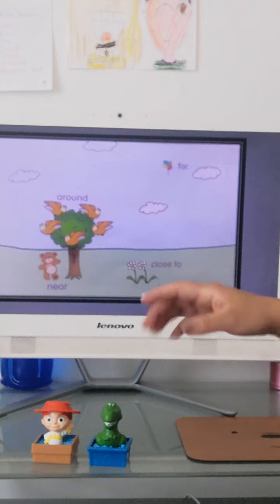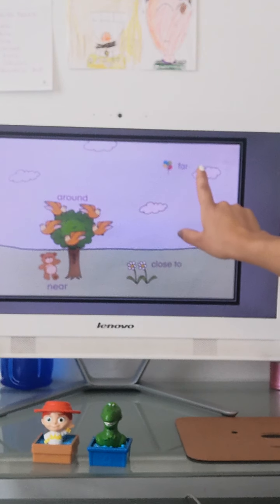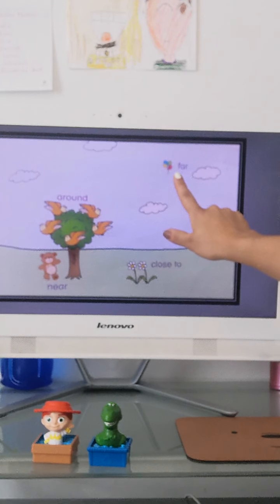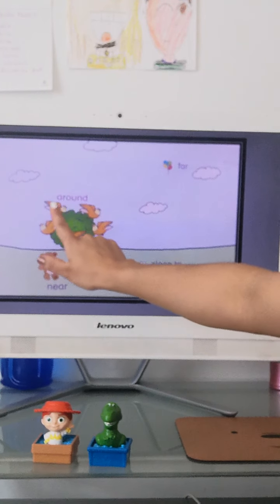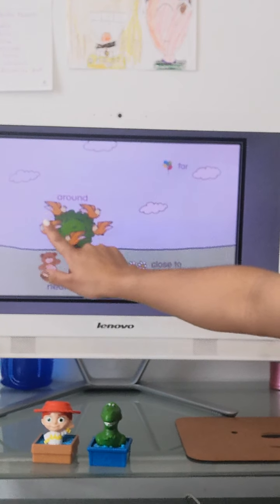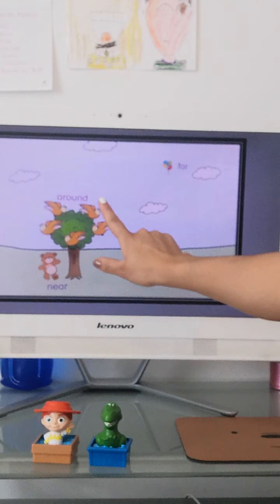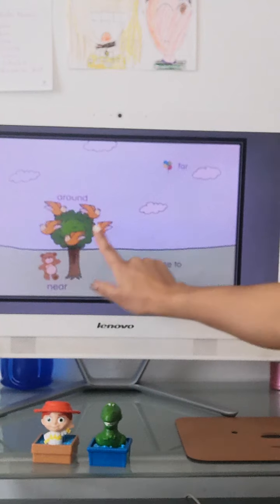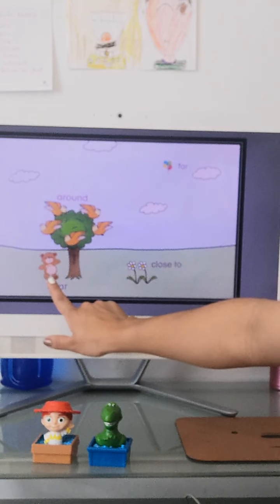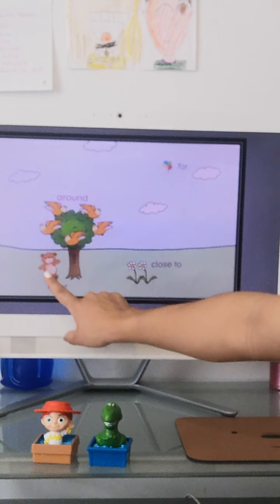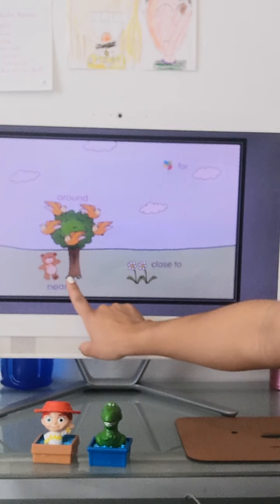four words. Far. In this case, these are balloons that are far away. Muy lejos. Around, the birds are around the tree, los pájaros están alrededor del árbol. Near, the bear is near the tree. We can say that this is Pami. Pami está muy cerca.